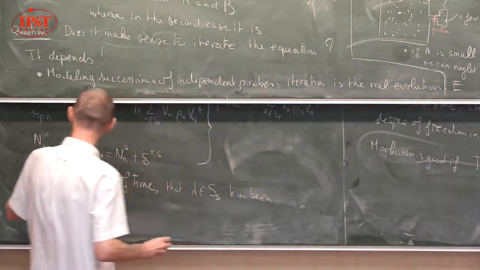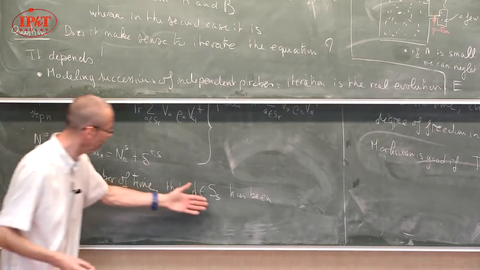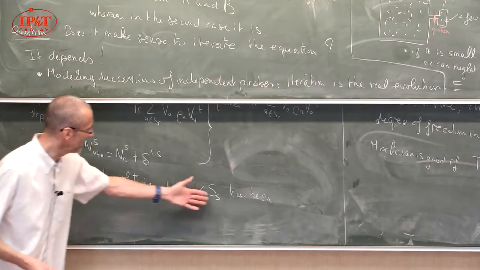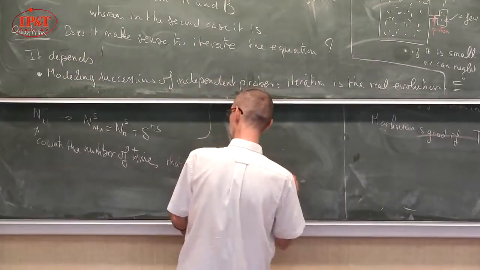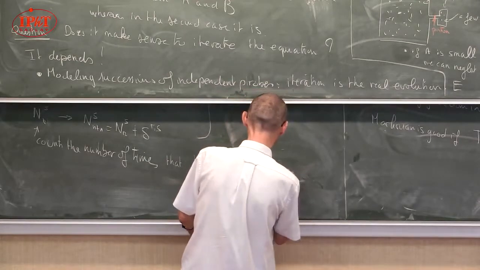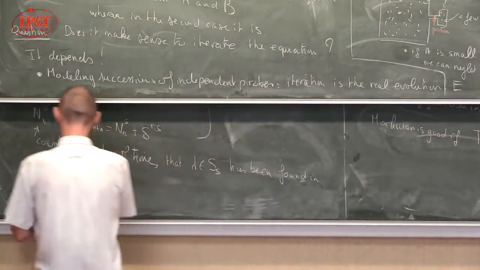This really is just counting the number of times that you have found an eigenvalue belonging to this subset S, index little s, in the measurements.